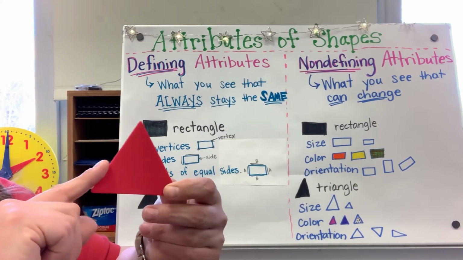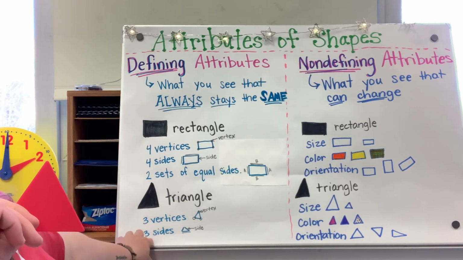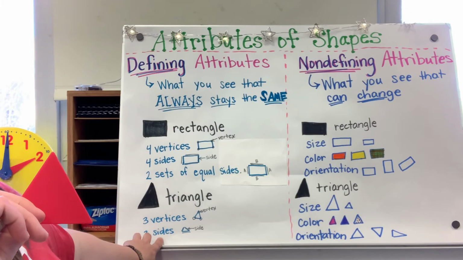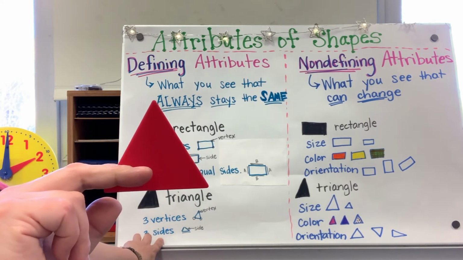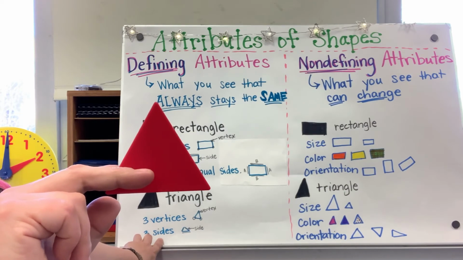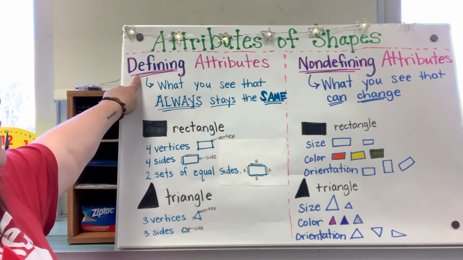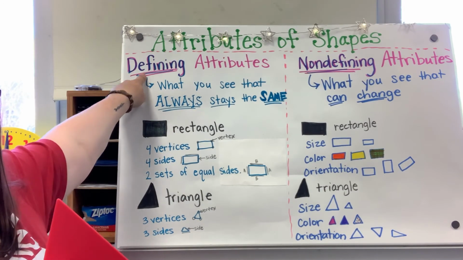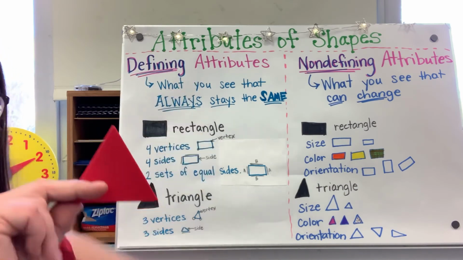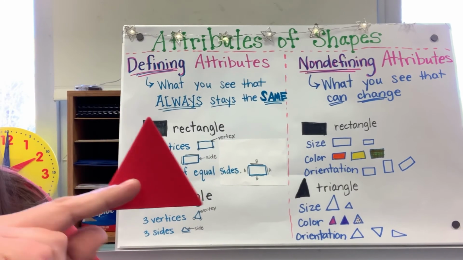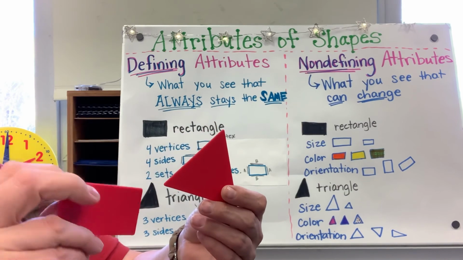Can I change it and it still is a triangle, if I change the vertices or change the side? So if it has 4 sides, it's not a triangle anymore, right? If it has 4 sides, it becomes something else. I can't change it because the number of sides is a defining attribute. It always stays the same. If I go from 3 to 4 sides, then I have a rectangle, right? It could make a rectangle.